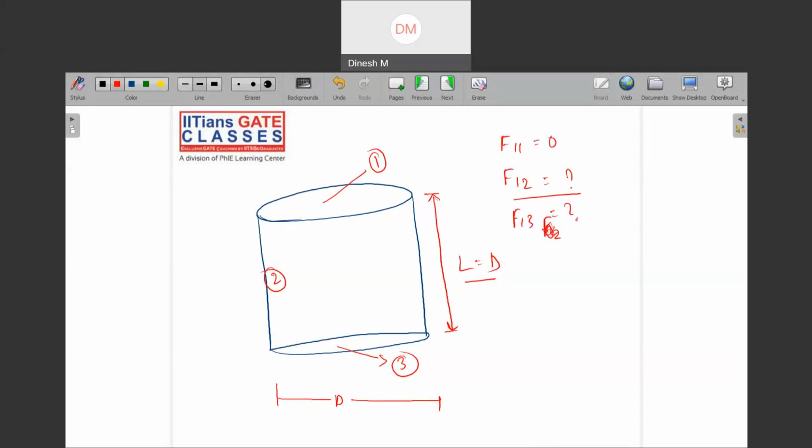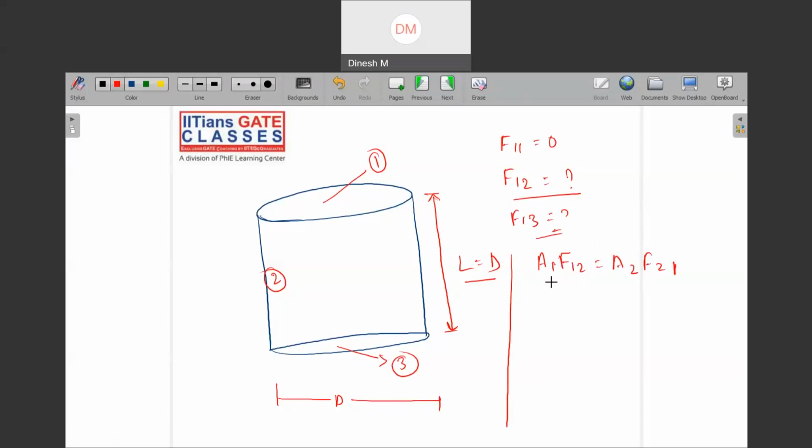So let us try to apply the reciprocity theorem. A1 F12 is A2 F21.